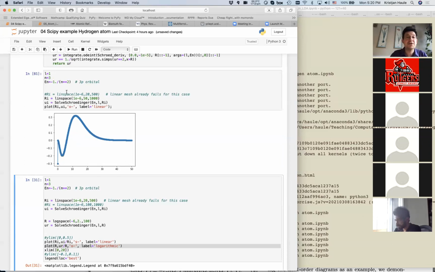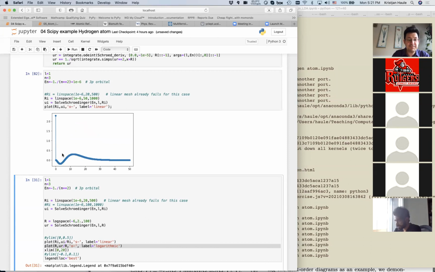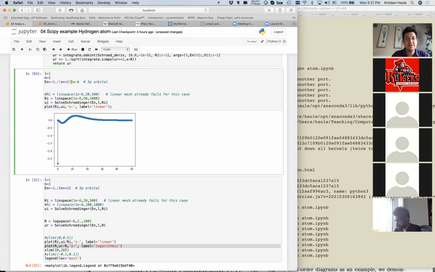if we change the energy just a little bit, like 10 to the minus 6, it turns out that this peak will get modified. If we add here, let's say, plus 10 to the minus 6, then we will see that this peak is very different now. I change the energy just a tiny bit, and in one case the peak goes down, in the other case the peak goes up.